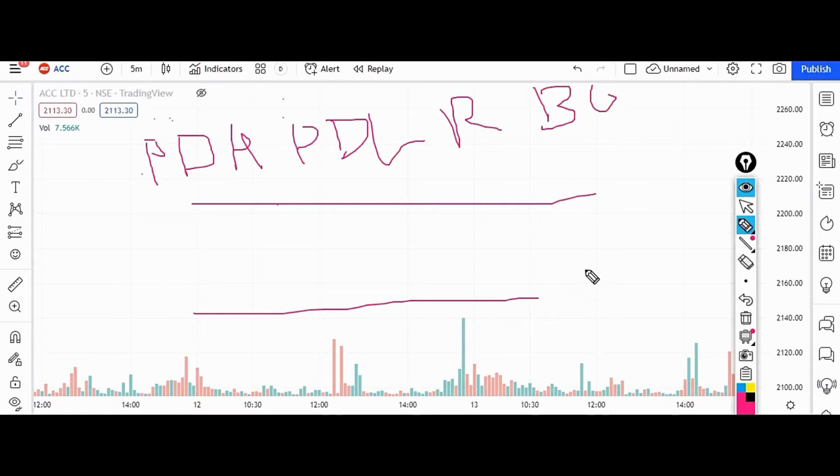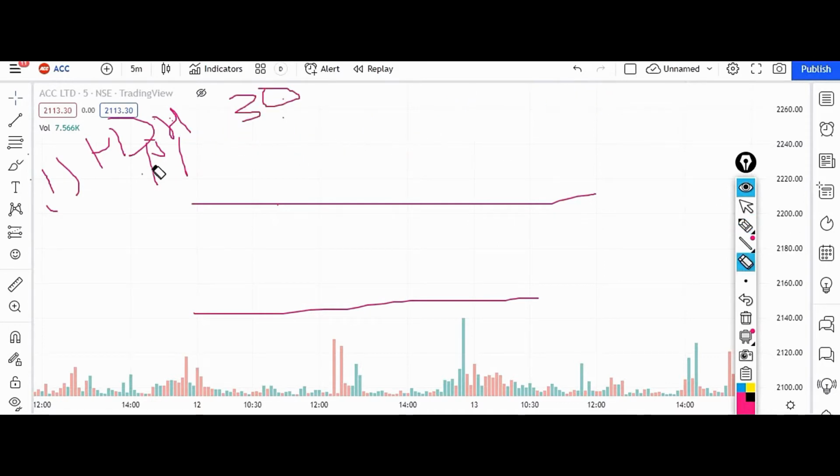Case 1 is PDH breakout. We mark PDH and PDL before trading hours.